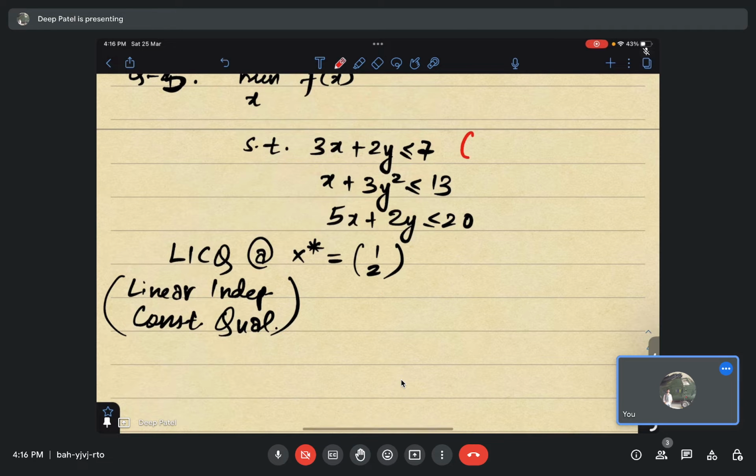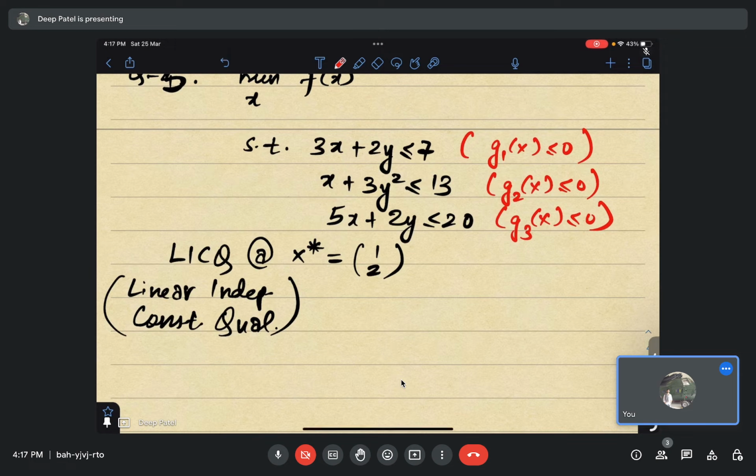Let me call these g1 of x less than or equal to 0, g2 of x less than or equal to 0, and g3 of x less than or equal to 0. What happens at g1 of x star? 3 plus 4 minus 7 equals 0. That is active.